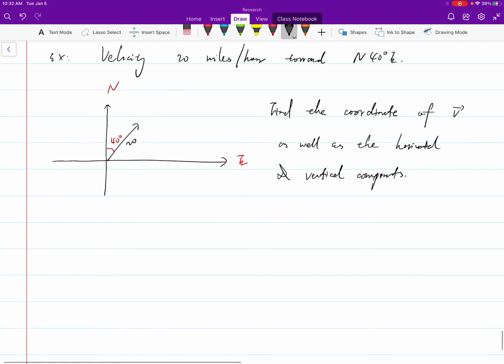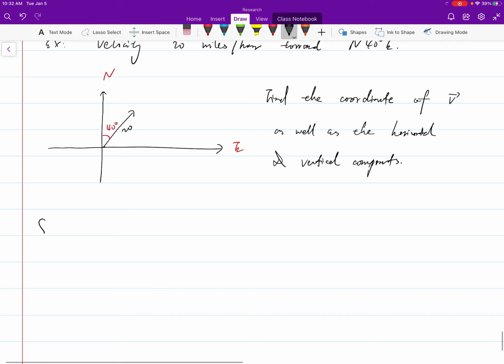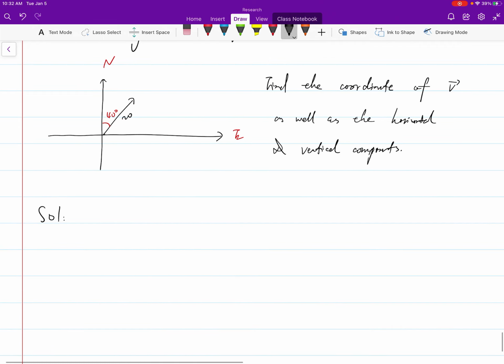Technically, when we say horizontal, we mean the component in the east direction, and the vertical means in the north direction. If it's in the south, it's negative in the north direction.